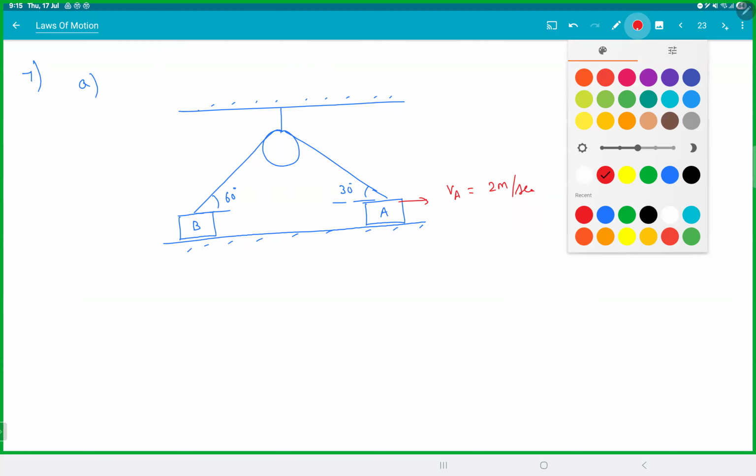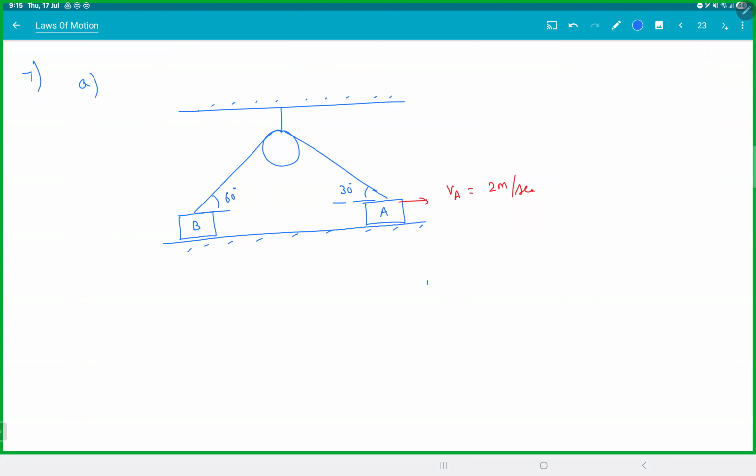Find VB, assume both the blocks are in contact with the ground. Any other doubts on this? Please ask me, get things cleared. These are important.